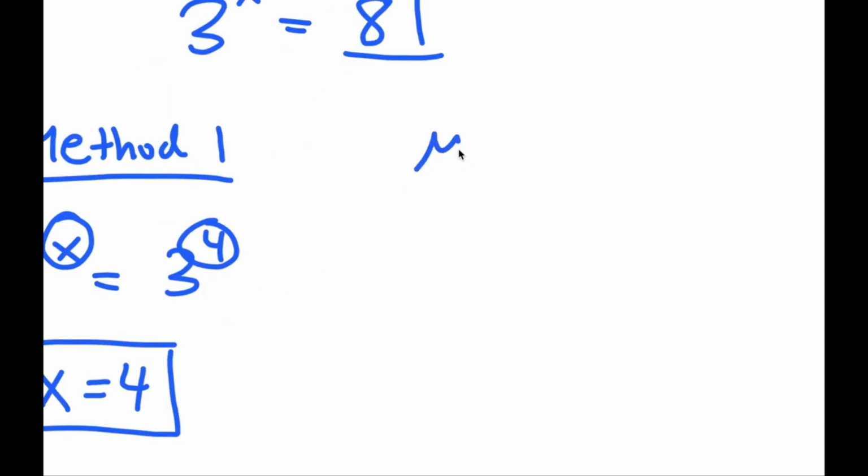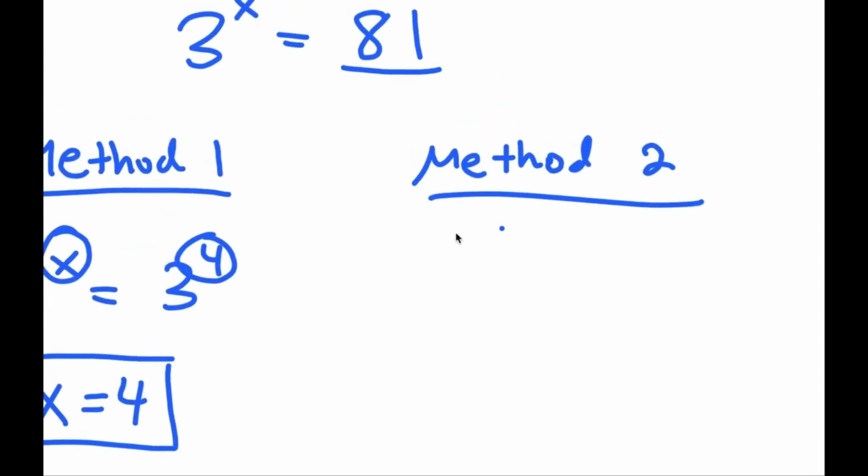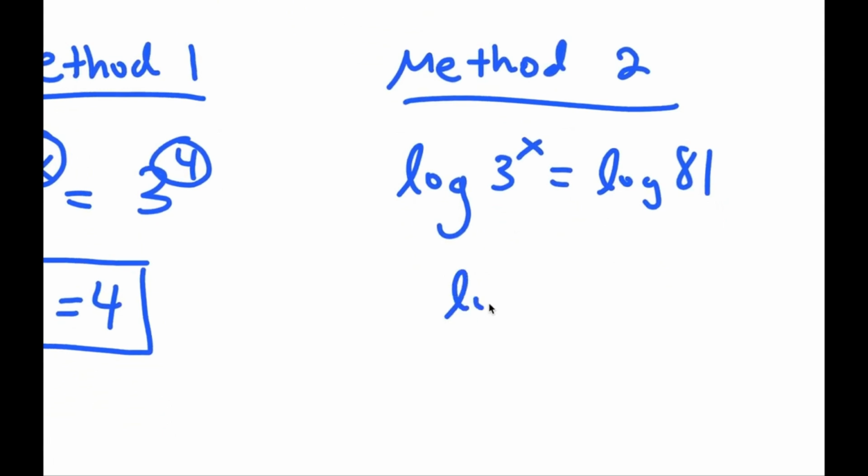However, let's say, what would we do if 81 wasn't a base of 3? How would we even solve this? Well, that's where we bring in logarithms. So I'm going to take the log on both sides. And if I have something in the form log a to the power b, this means that this is equal to b times log a.